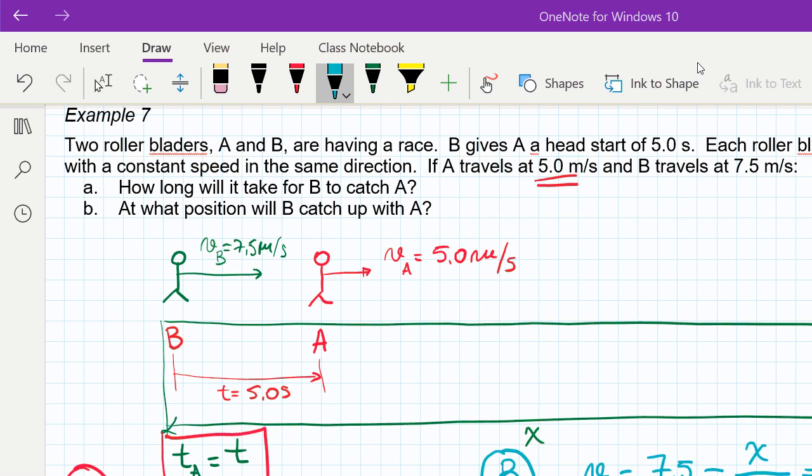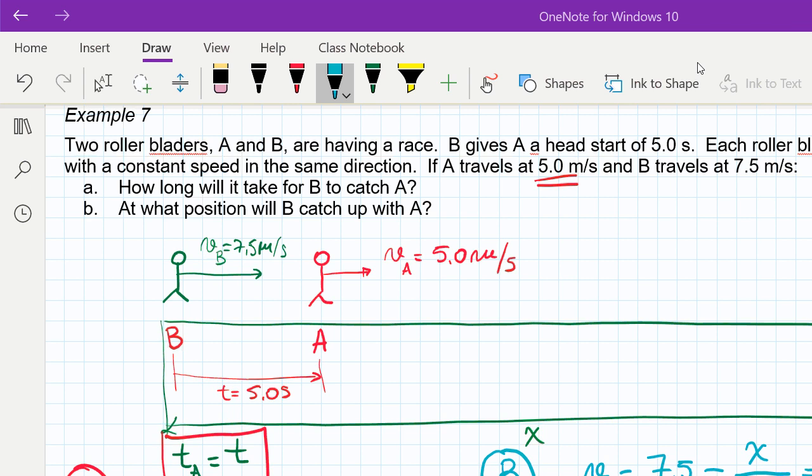So now again, we will take a look at roller blader A. The velocity or speed of this roller blader is 5 meters per second. And this is the result of the distance that it is moving over time.